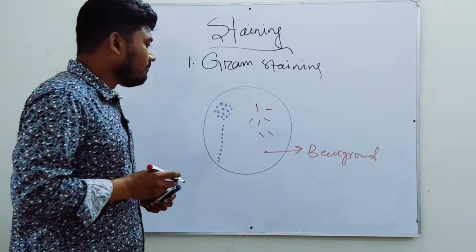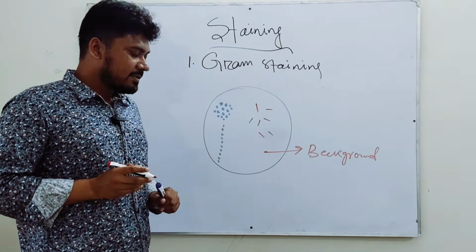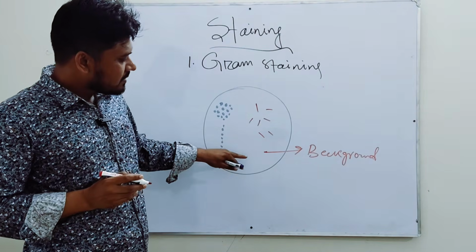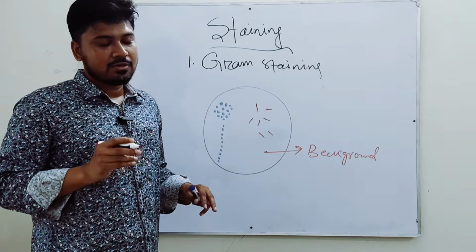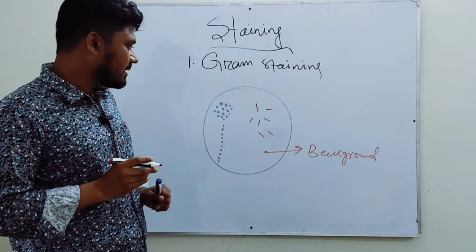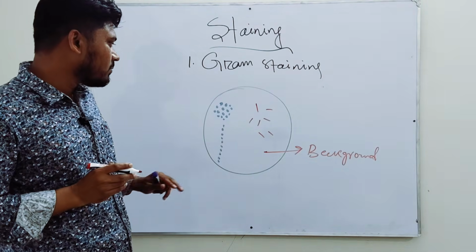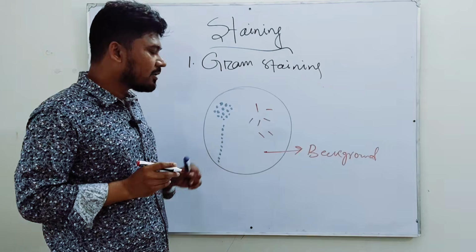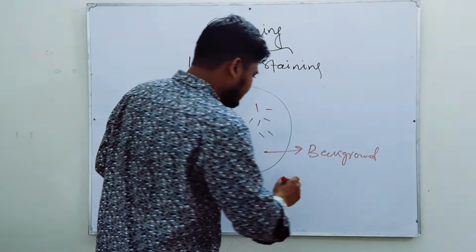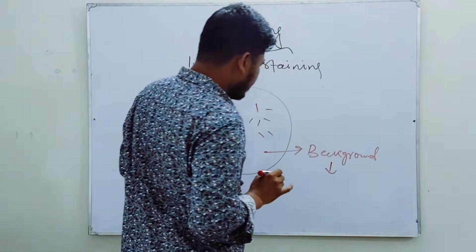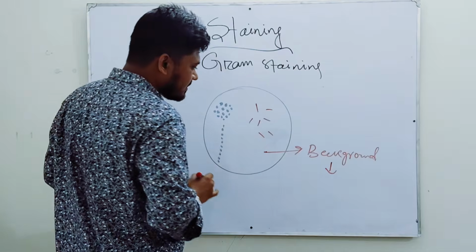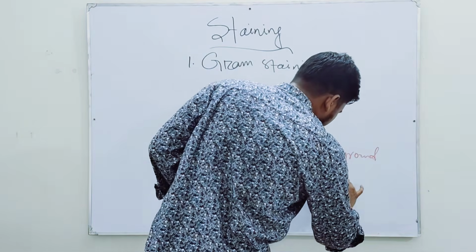When the smear is decolorized, the background also becomes decolorized. But when counter staining is done with red color carbolfuchsin, the background will take red color. That's why the background of gram stain will be red.